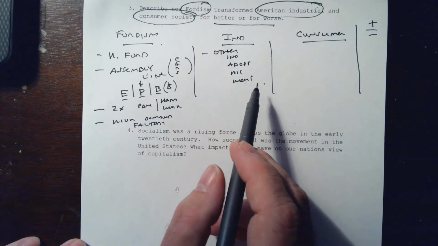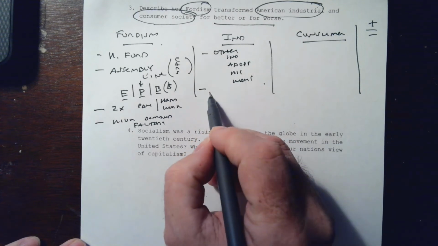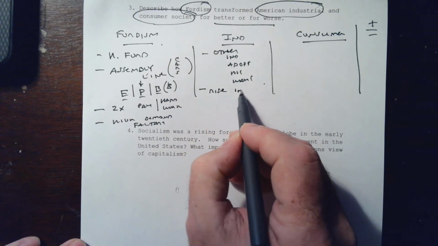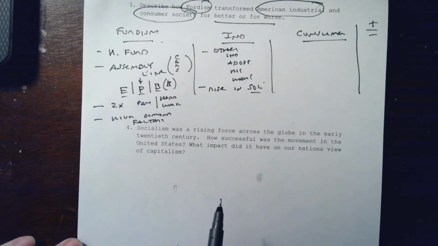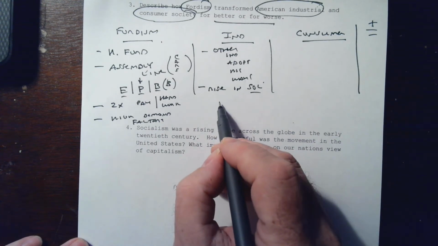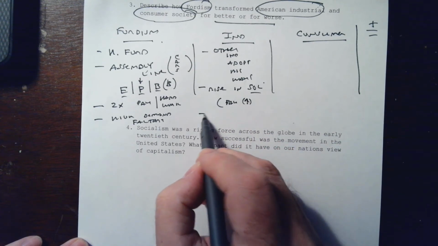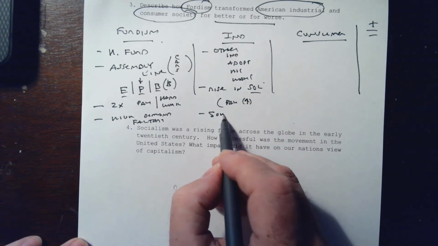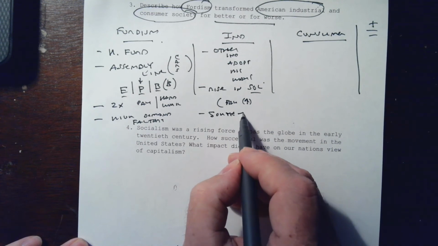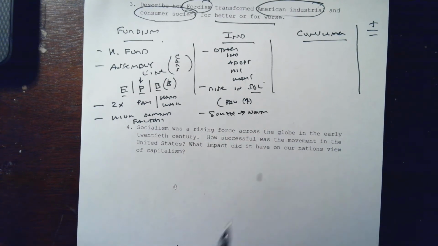So other industries adopt his ways. What you're going to get is a rise of the standard of living, which means pay goes up. Again, many people are going to flock from the south to the north as a way to better themselves.